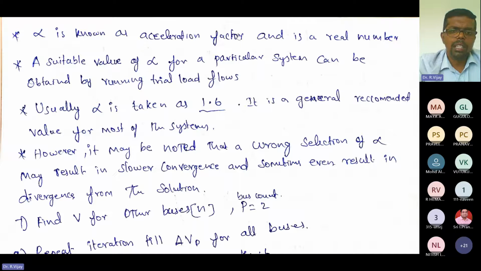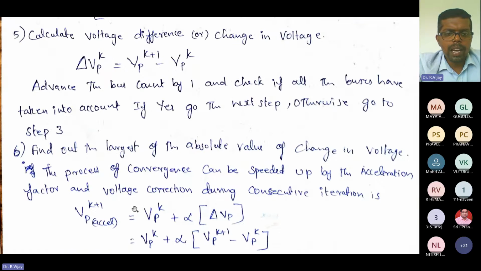That's what I can tell. So this is the formula for calculating the VP accelerated value: VP accelerated K plus 1 is equal to VPK plus alpha into del VP. Del VP means the change in voltage, whatever answer we are calculating, and you need to substitute it over here.